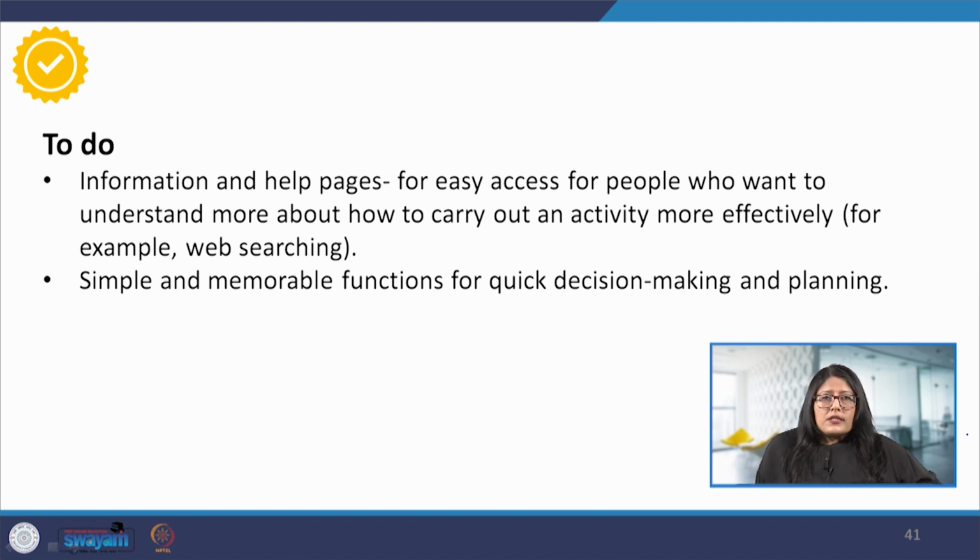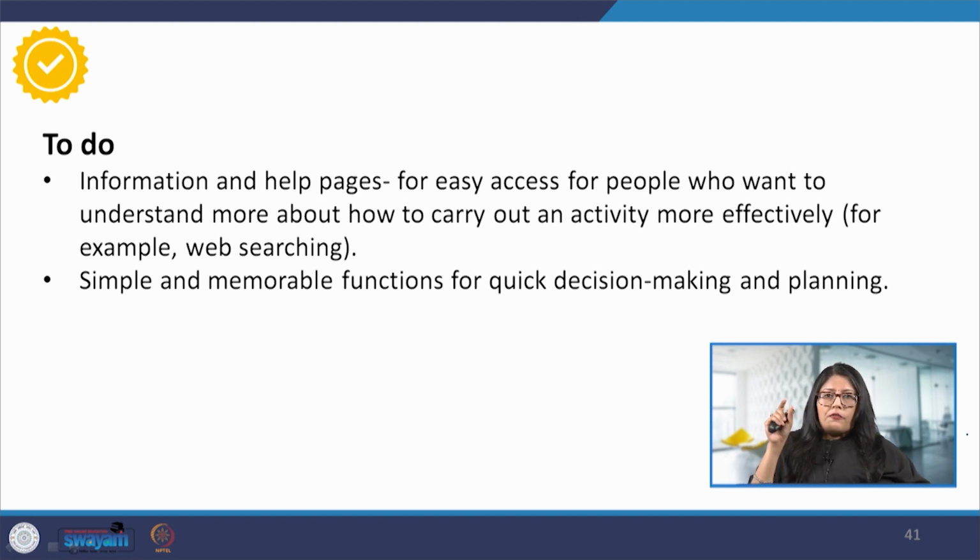So, from this we can take away how we can apply this to our interaction design for applications. For easy access for people who want to understand more about a certain task, how to carry it out more efficiently, maybe help pages can be there, or information can be laid out in an organized manner for them, especially for activities like searching the web.